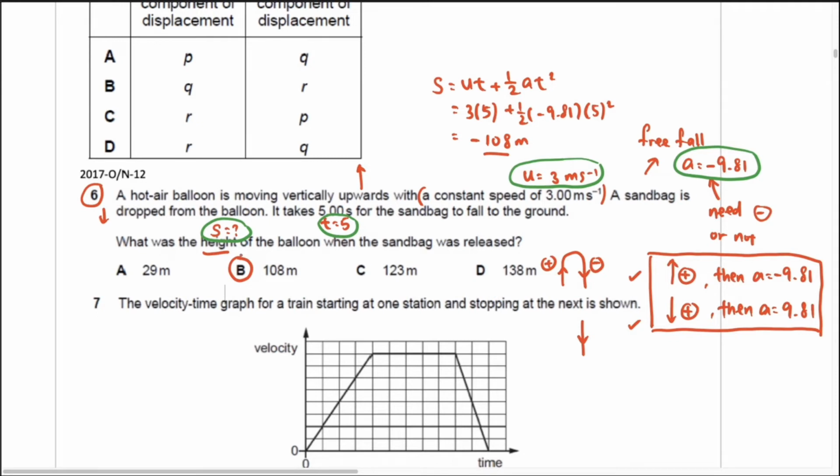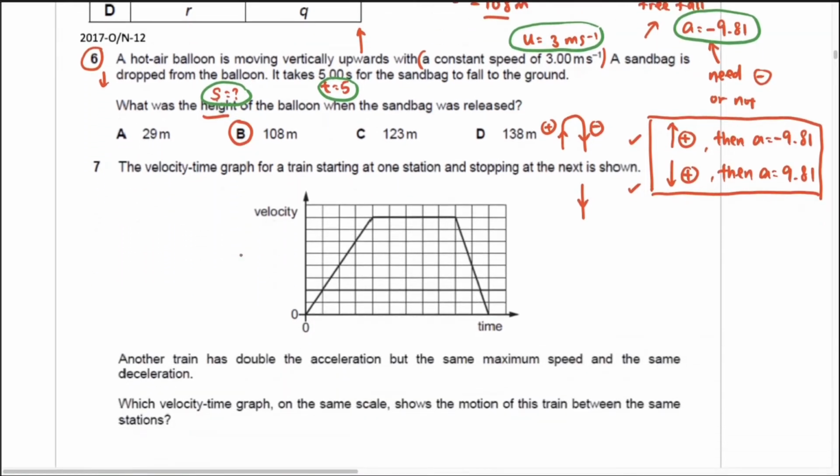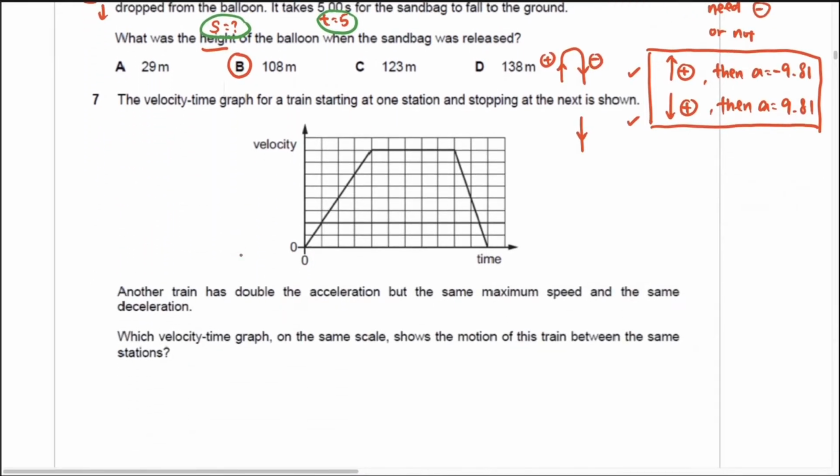Okay, now let's see another one. Let's look at question 7.